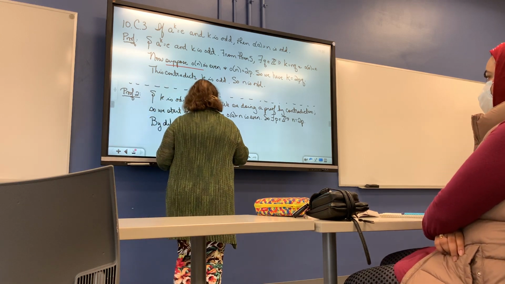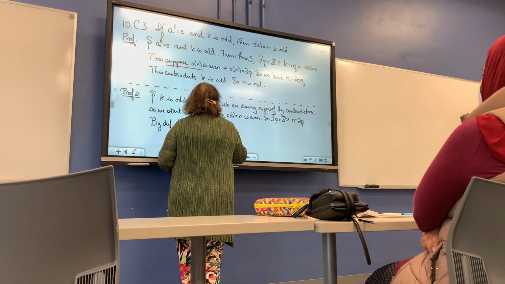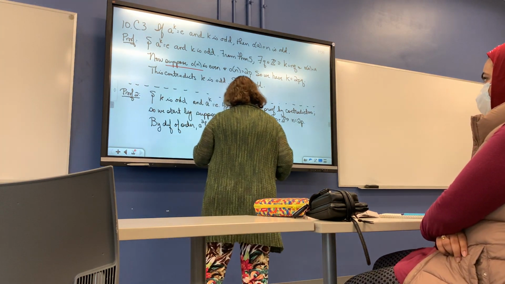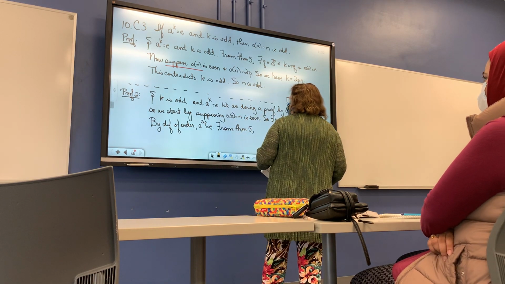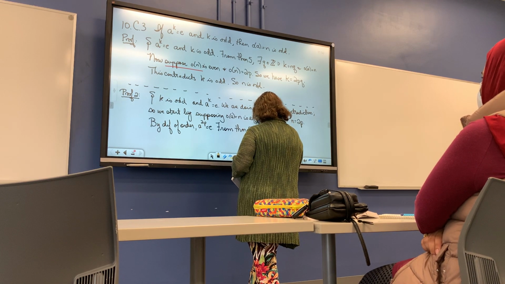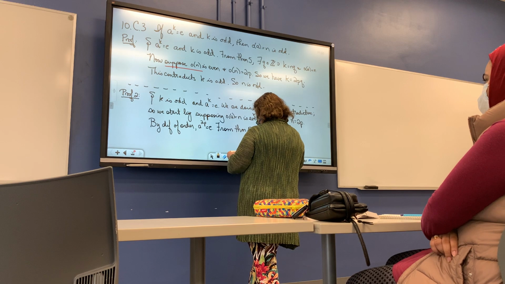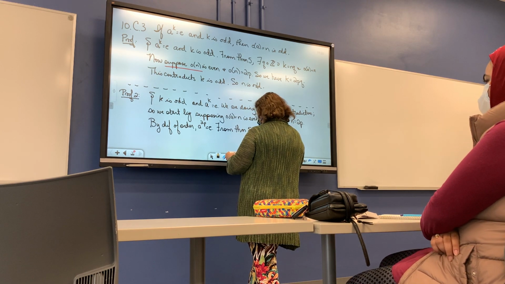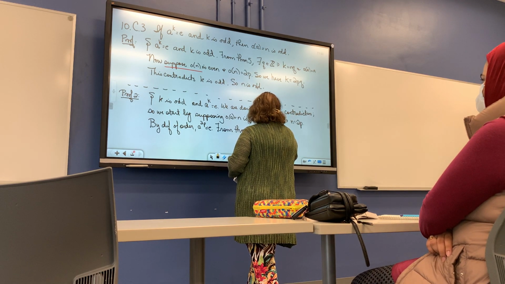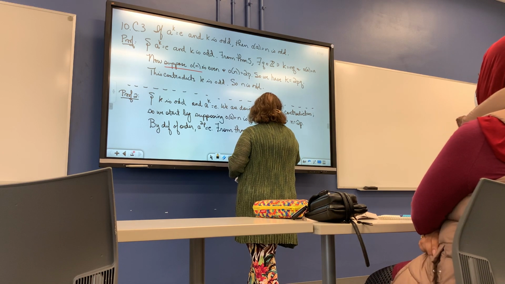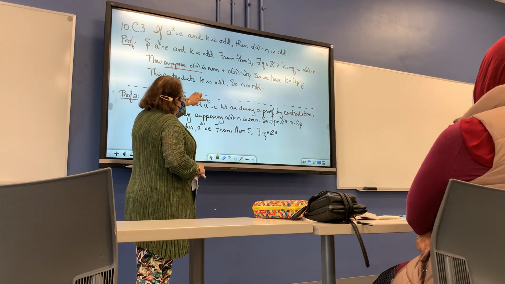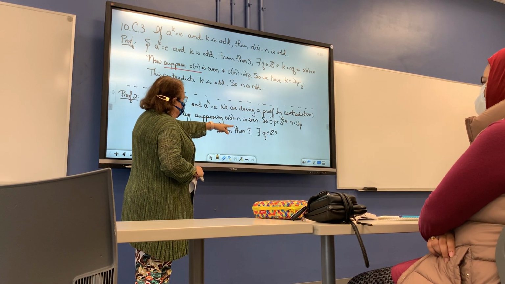From theorem 5, let's back up. There exists q in the integers such that, now theorem 5 says random exponent equals order times something. q is the something.